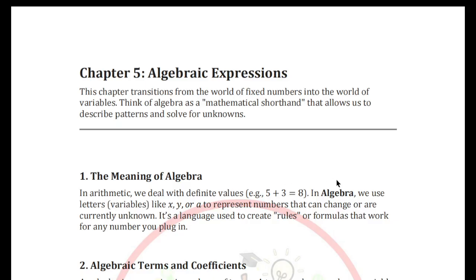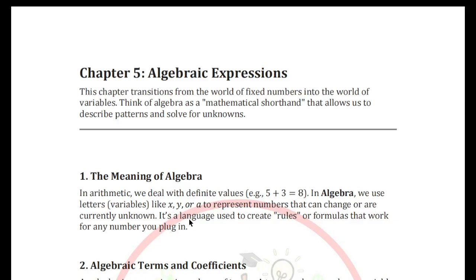So in algebra, it mainly focuses on including letters to represent unknown values or unknown numbers. That is when we start using letters. This is algebra, to represent numbers that can change or are currently unknown. It's a language used to create rules or formulas that work for any number you plug in.